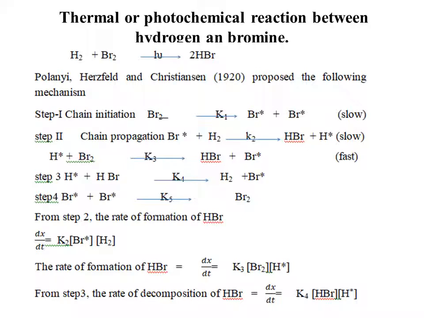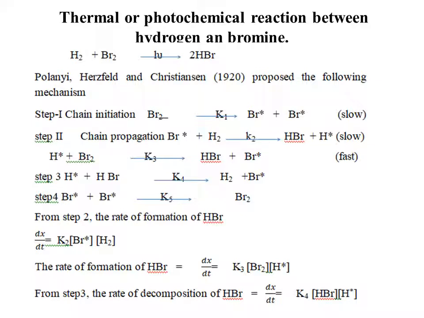From step 2, the rate of formation of HBr, dx over dt, is equal to K2 into the Br* concentration into the H2 concentration.